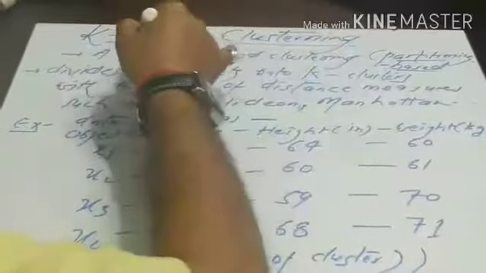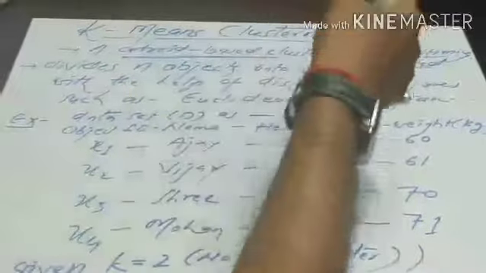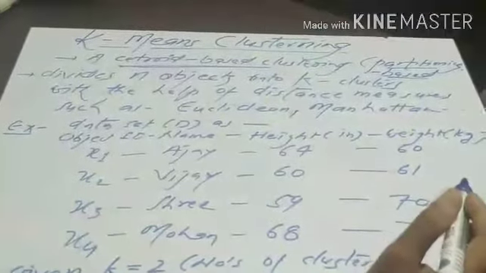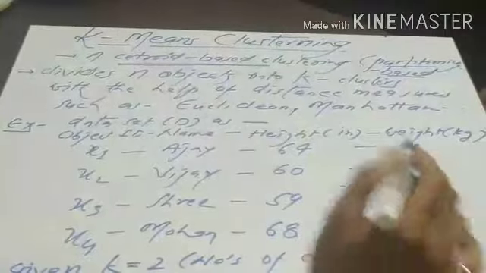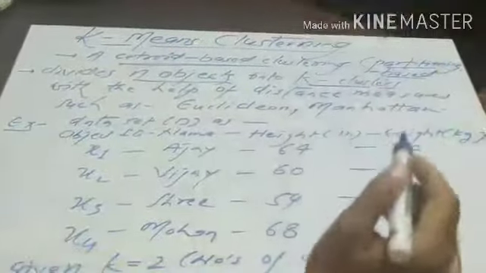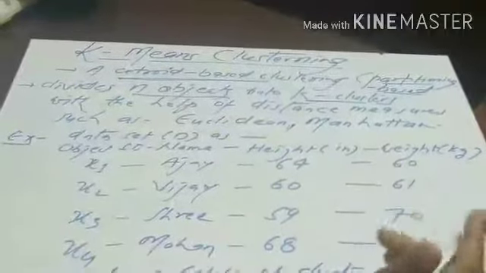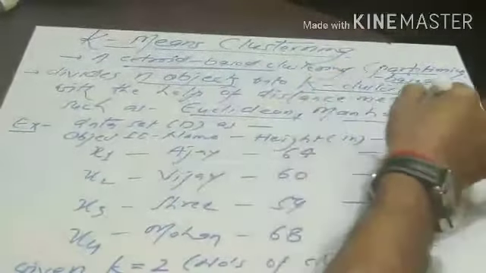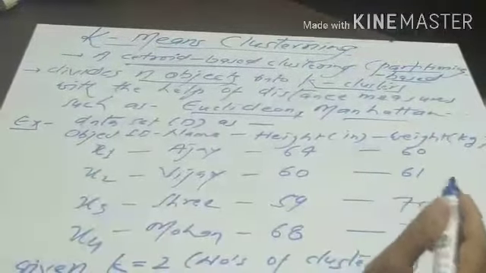K-means is a centroid based clustering algorithm, and it is also a partitioning based algorithm. It divides the objects into k clusters with the help of distance measures such as Euclidean distance, Manhattan distance, cosine similarity, and so on.